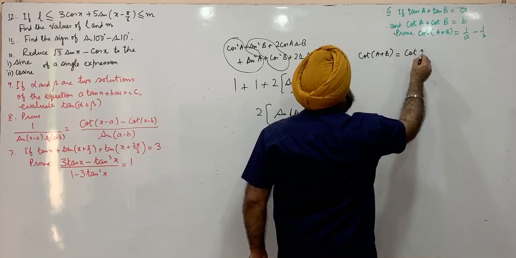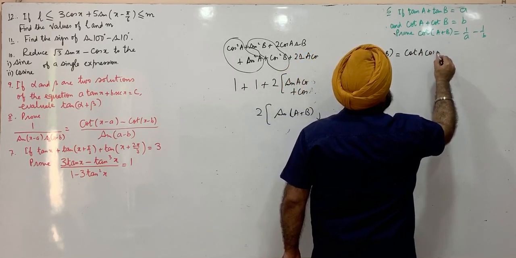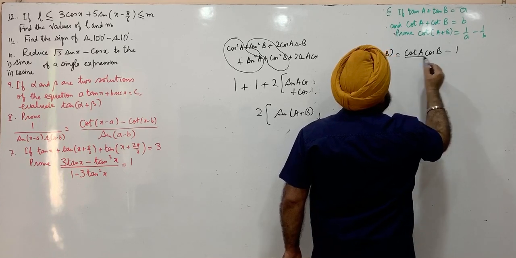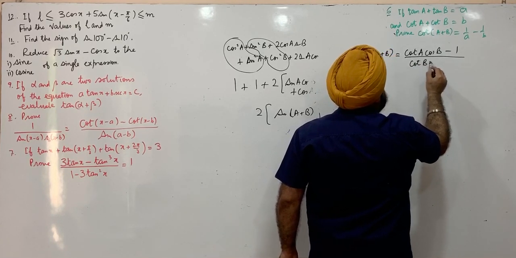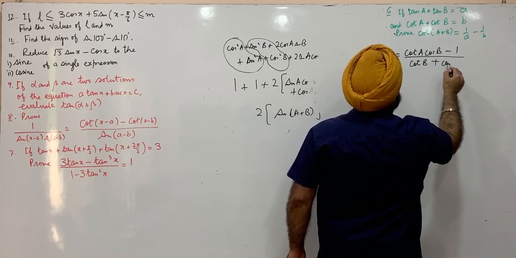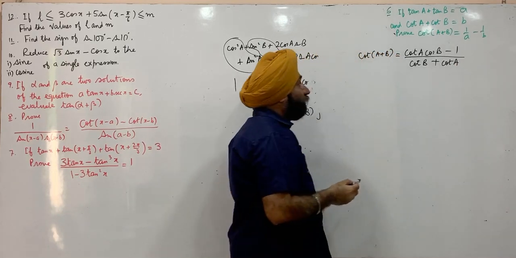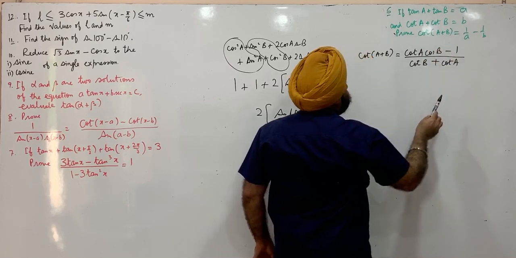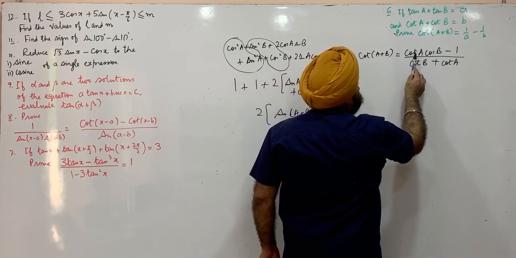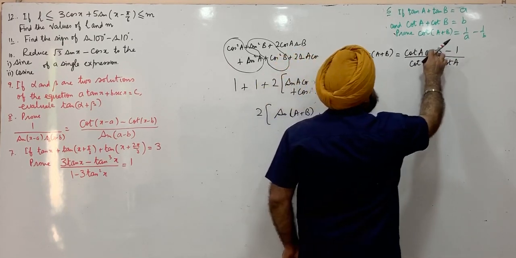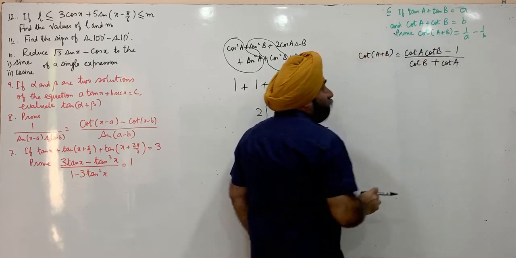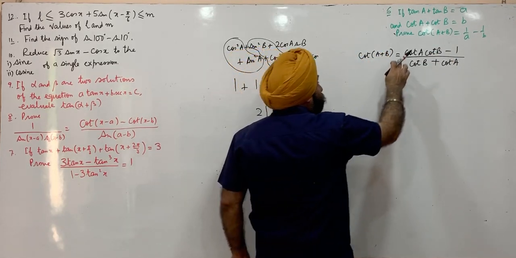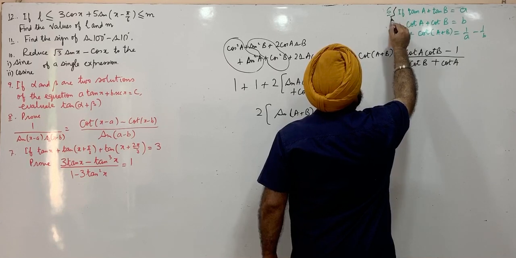This is the formula: cot A cot B minus 1 upon cot B plus cot A. So we have the value for cot B plus cot A, that is b, but we need the value of cot A into cot B. We'll get this value using these equations.